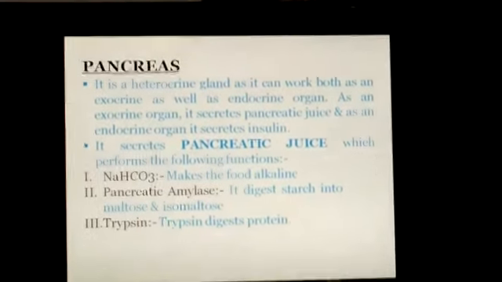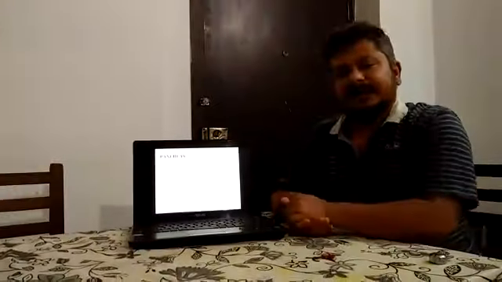I don't know whether you know about endocrine glands or not, but I would like to tell you in detail that endocrine glands are those glands that release their secretions directly into the blood. What do they secrete?